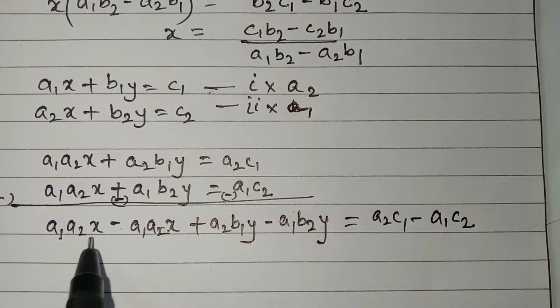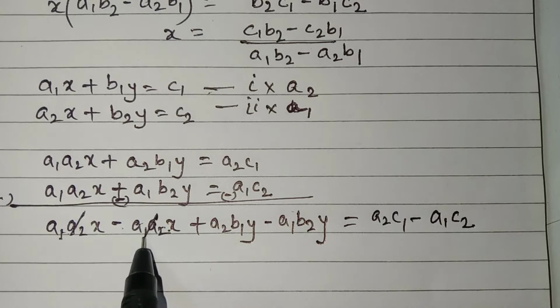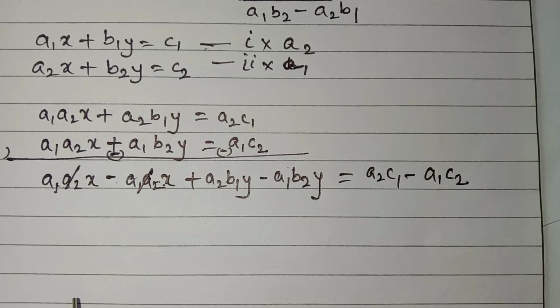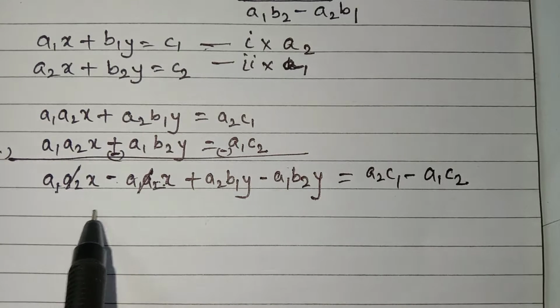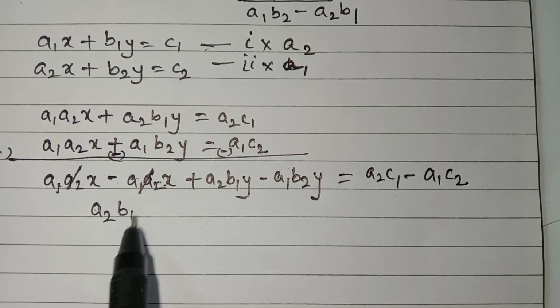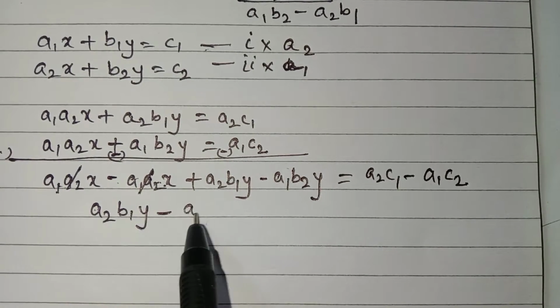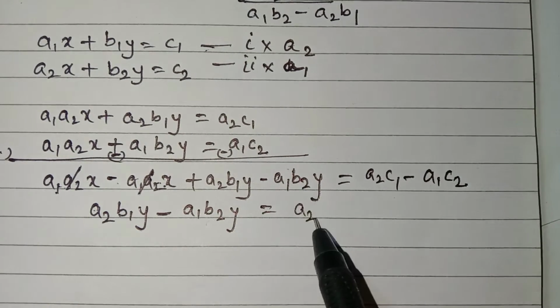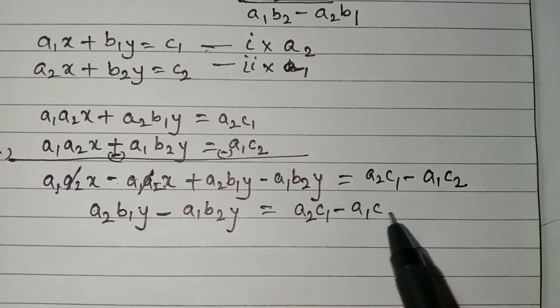These two terms are like terms and equal, so we can cancel them out. Now I'm left with a2b1y minus a1b2y equal to a2c1 minus a1c2.